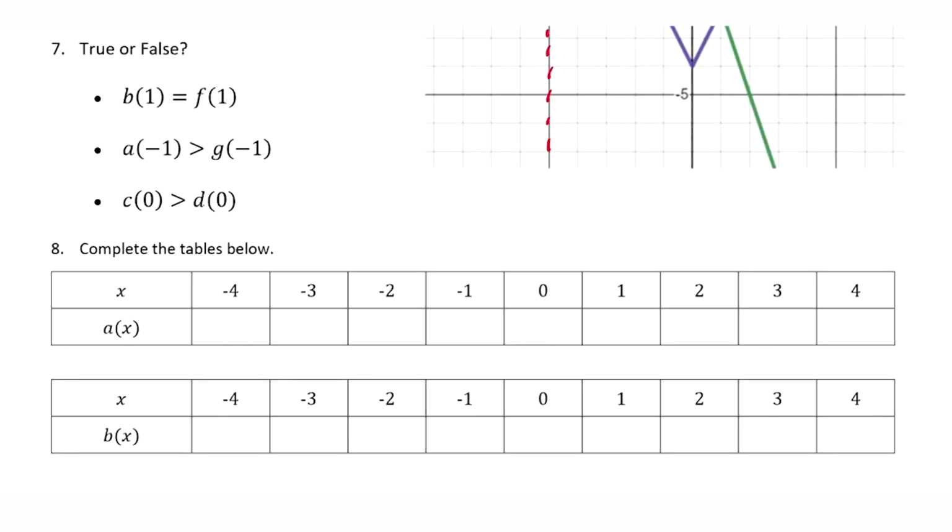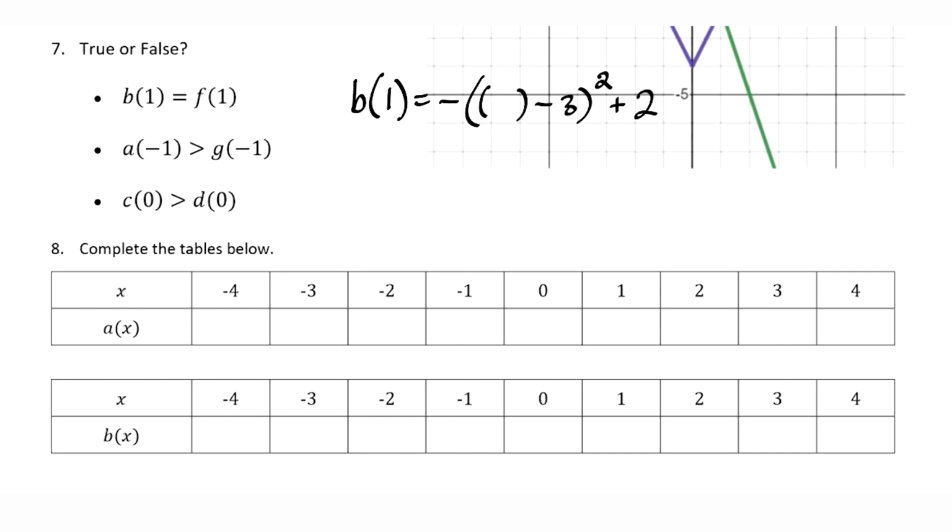Okay, let's go ahead and address a true or false question here, where we're comparing functions by their values. So let's look at b of 1 and see if that's equal to f of 1. So to calculate b of 1, we have to look at the function b, which b of x, I'll just rewrite b of 1. It would be negative parentheses x minus 3 squared plus 2.